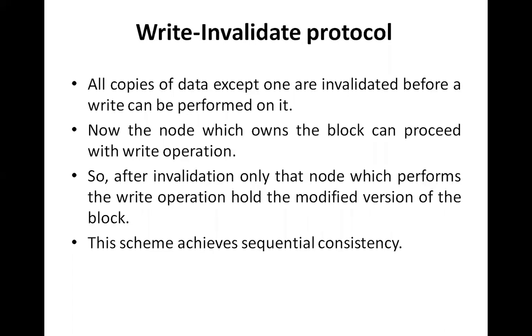It is the only node, called the owner node of that particular block, and the information in the form of an invalidate message is also sent to the rest of the nodes. So whenever other processes require the data block which is being modified and present at a particular node, they should know the address of that memory location. So this protocol is known as the Write-Invalidate protocol.